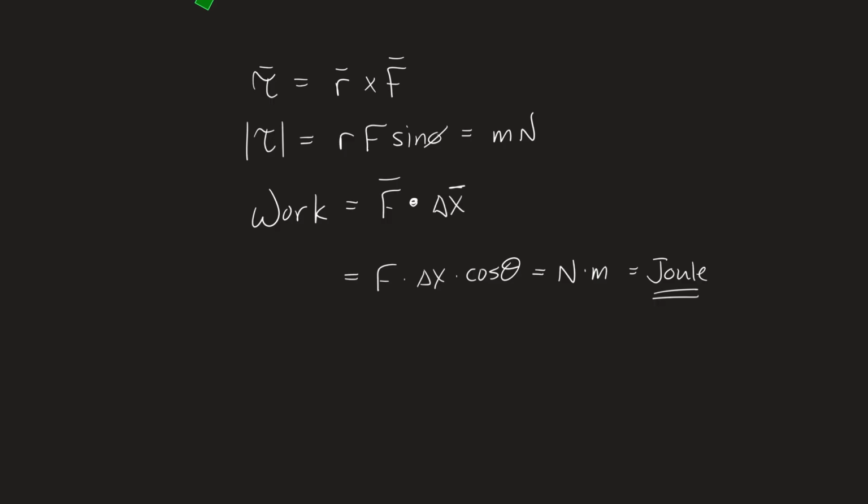Shouldn't this still be a Newton meter? And the answer is no. Torque specifically does not have another unit to replace it. It's written meter Newton on purpose to let you know this is the unit for torque and is not a unit for energy. The meter Newton is the standard unit for applying a torque.